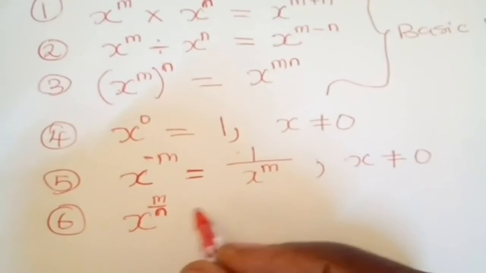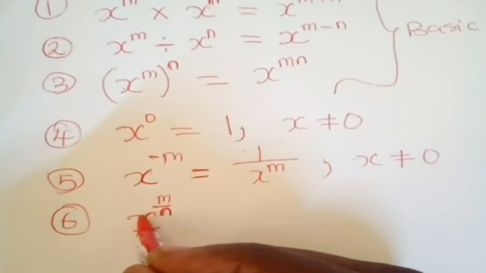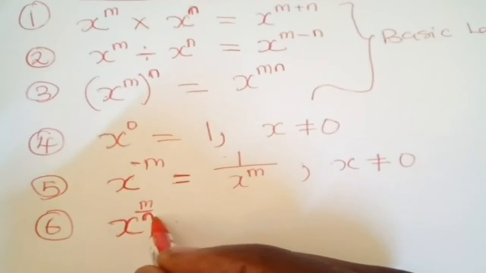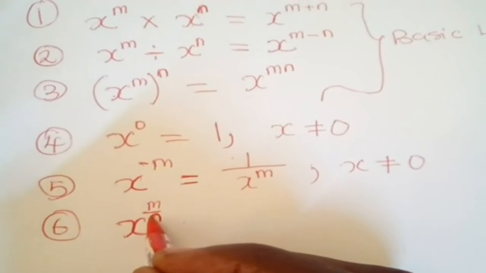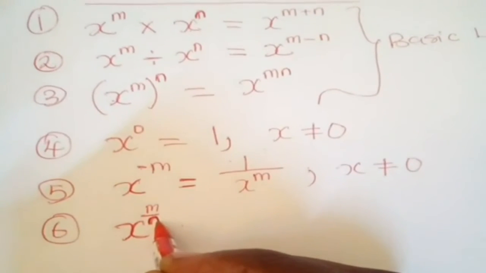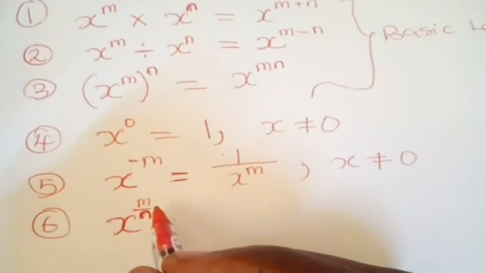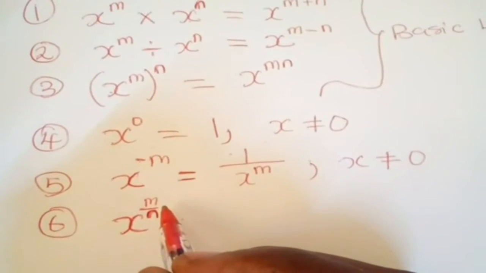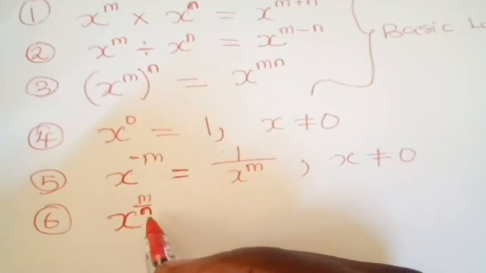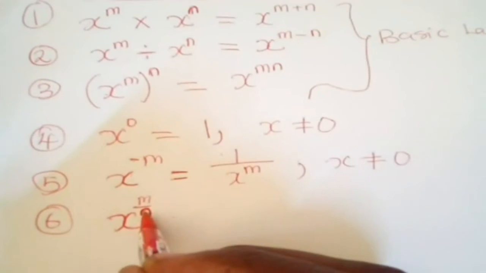When the number has a power which is a fraction, the down number here, or the denominator of the fraction, denotes the operation to be taken, whether it's a square root, a cube root, a fifth root, and so on. So if this number is a 2, it means you're going to have a square root.